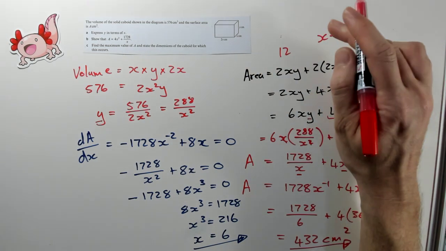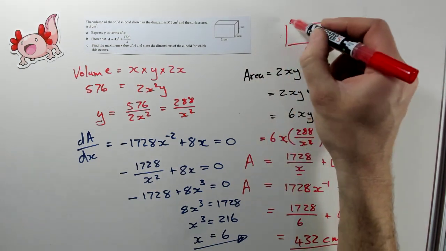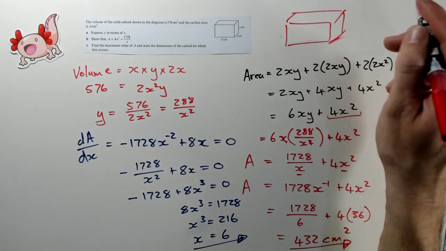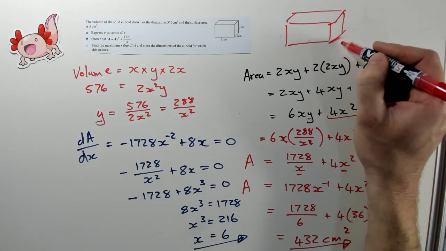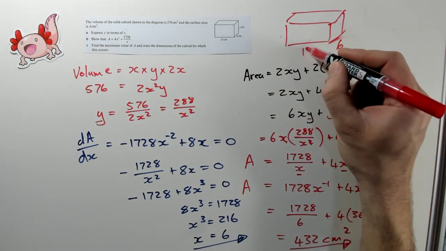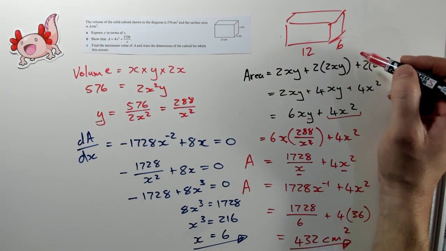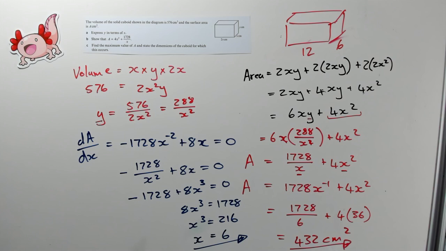Let's draw a little shape here. Very beautiful shape. You can see I'm an artist. Okay, so the x is 6, and that side's going to be 2 times this. And the y, how are we going to find the y? We wrote y in terms of x here, so we're going to have to sub in there.